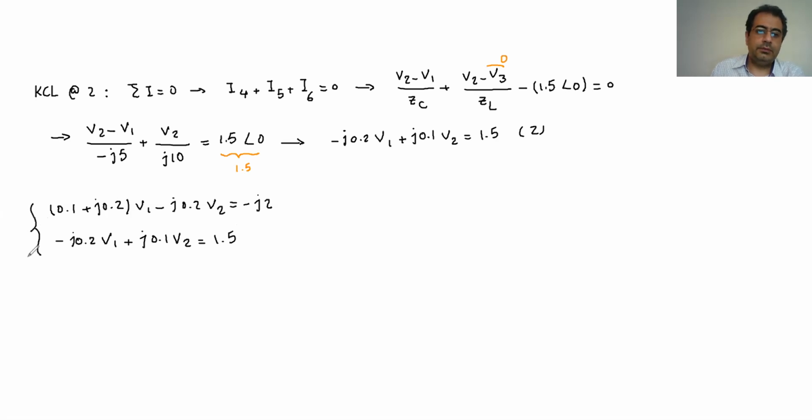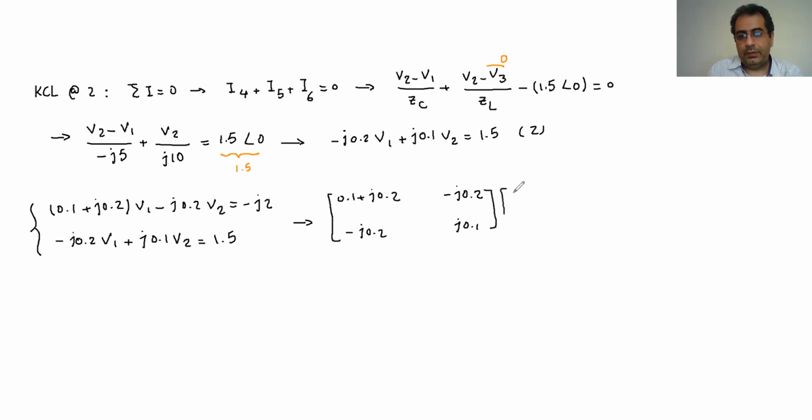So it's a system of equations. We can write it in matrix form as before: the coefficients 0.1 plus J0.2, negative J0.2, negative J0.2, and J0.1, times V1, V2, equal to negative J2 and 1.5.